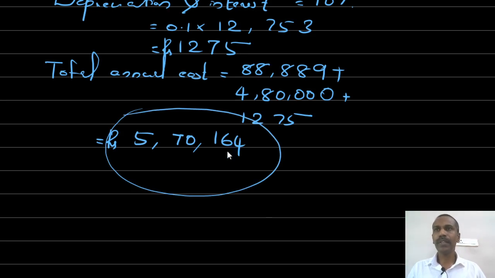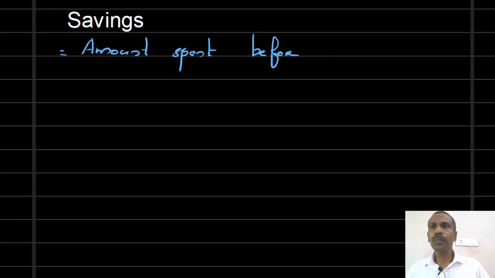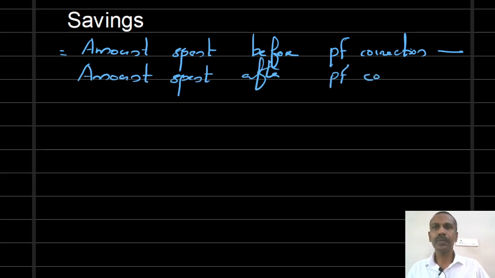Now we will find out the savings. So savings is equal to the amount spent before power factor correction minus the amount spent after correction.